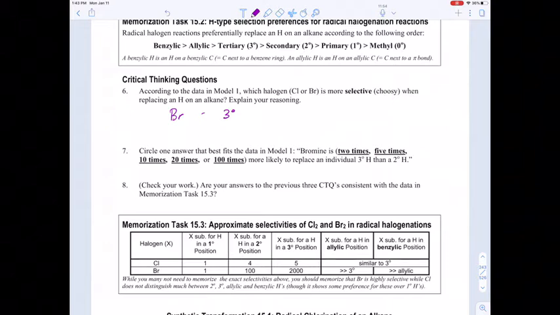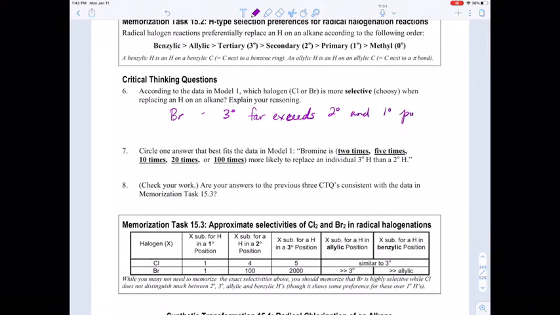So the tertiary product far exceeds the secondary and the primary products when compared to the chlorine reaction.